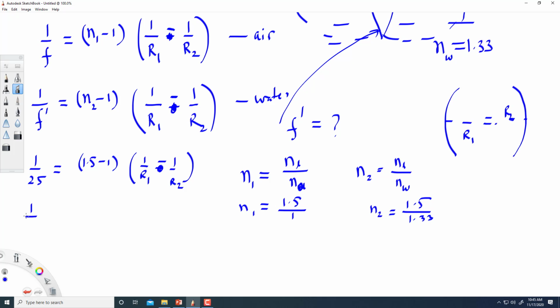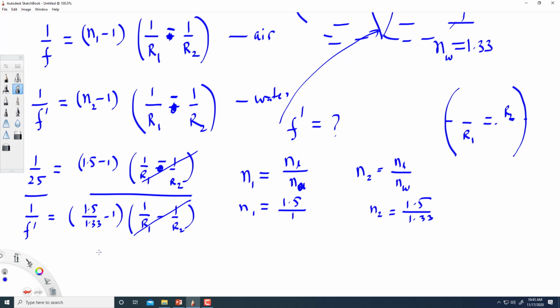And then for the second one, we have 1 over f prime is 1.5 over 1.33 minus 1 over r1 minus 1 over r2. So divide the two equations, they will cancel, and then find f prime from that.